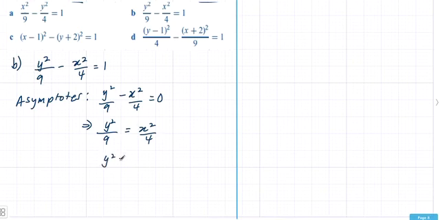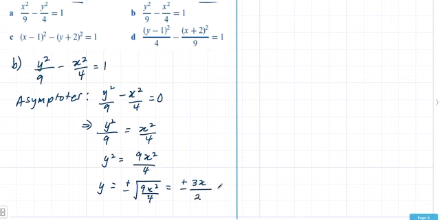The 9 is going to go up because it's multiplying, and then we're going to take plus or minus square root of all that. Square root of 9 is 3, square root of x squared is x, and the square root of 4 is 2. So our asymptotes are going to be at y equals 3x on 2 and y equals negative 3x on 2.